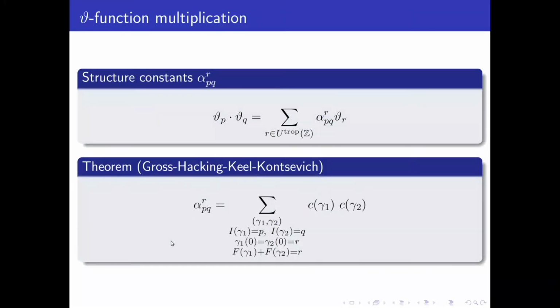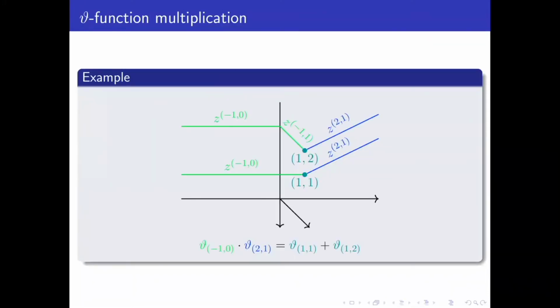So let's just see how this works in an example. If I want to multiply theta -1, 0 and theta 2, 1, well, first I'm supposed to look at broken lines whose initial decorating monomial is z to the -1, 0 on this side. So both of these satisfy that. For theta 2, 1, I want my initial decorating monomial to be z to the 2, 1.